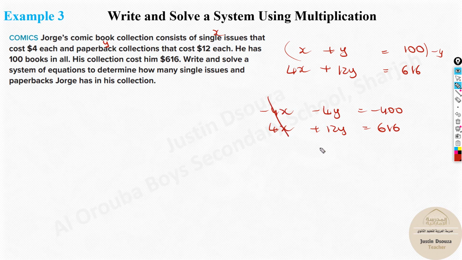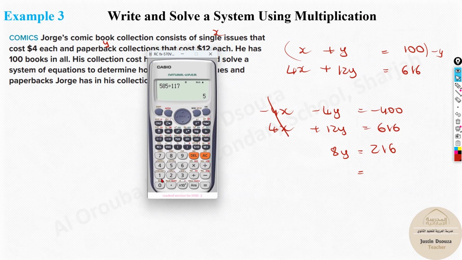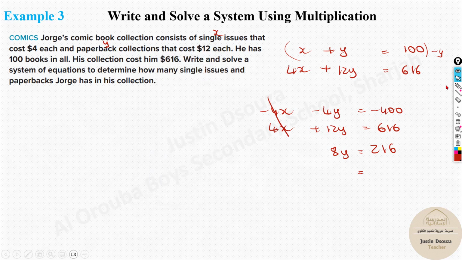Now this cancels off. We can solve it up over here. So it'll be 8y equals, we have 216. It will be more than 20 for sure. It's less than, we'll just use the calculator here. It'll be about 25 or something. Let's just put this 216 divided by 8. It is 27.